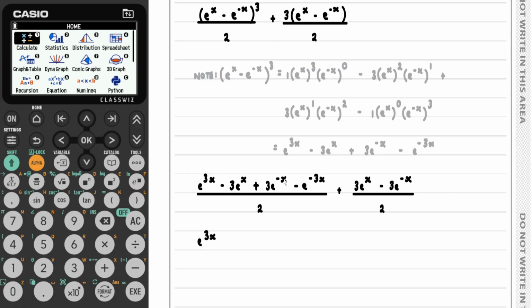Then we have 3e to the negative x subtract 3e to the negative x, which simplifies to 0, and then we have negative e to the negative 3x, and then we divide this by 2. Using the definitions of hyperbolic sine, (e to the 3x subtract e to the negative 3x) over 2 is hyperbolic sine of 3x, and that is indeed what we have on the right hand side.